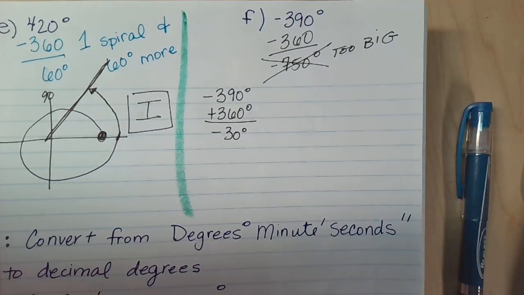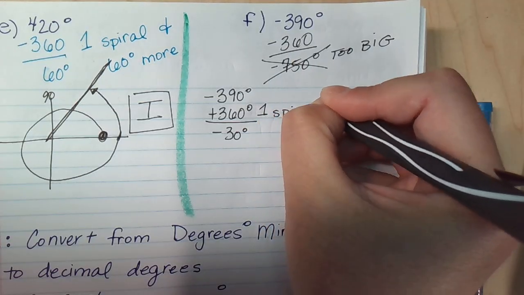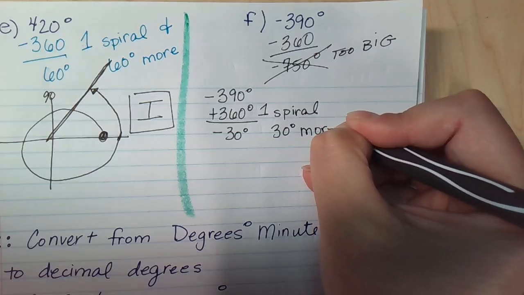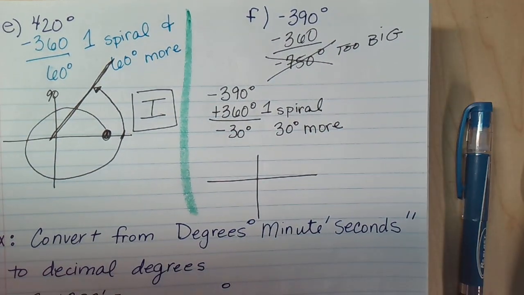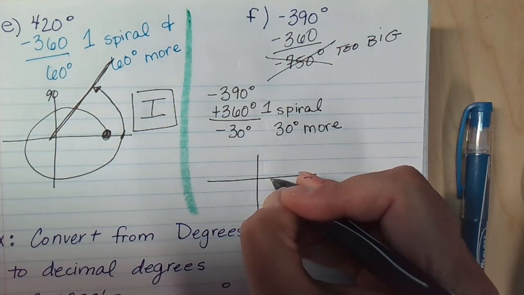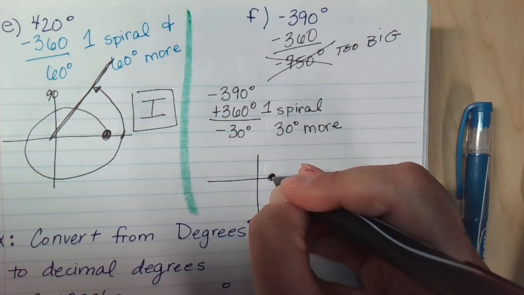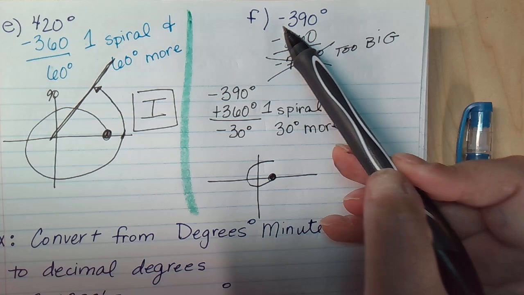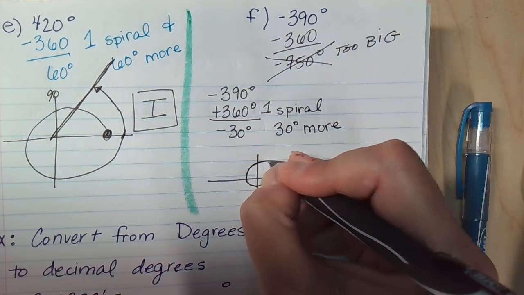Okay, so let's think about this. That 360 is going to be one spiral, and then 30 degrees more. The only thing is we need to be going backwards because we started with a negative. So I'm going to start at the positive x-axis and go down and around, because it was a negative angle to start with. Negative 390. So I went down and around.